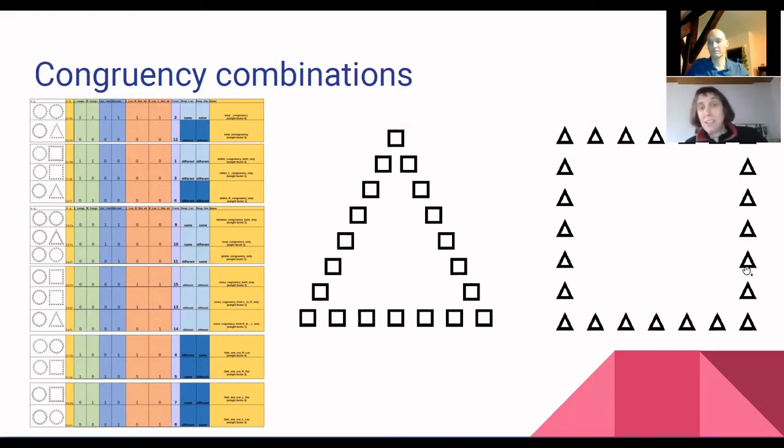This is an example of a cross-congruency condition. You see that the global shape on the left is identical to the local shape on the right, but also the other way around. The global shape on the right is the same as the local shape on the left. So these are cross-congruent, but not normally congruent. So in both cases, local and global matching, participants have to indicate that the stimuli are different.